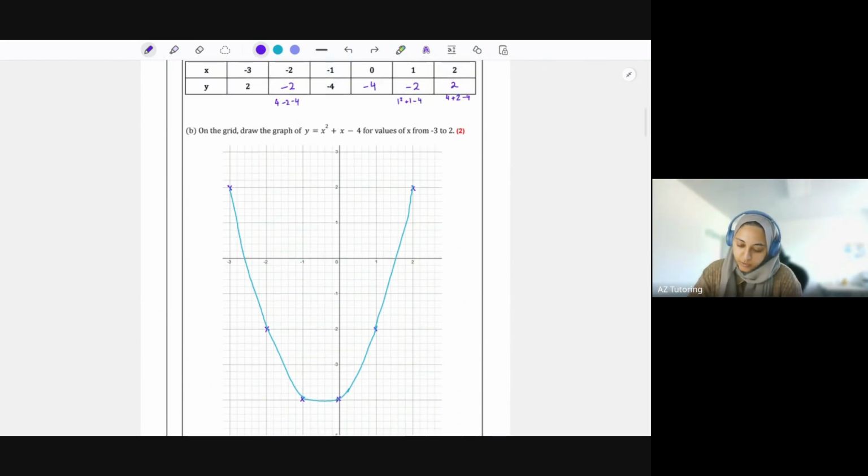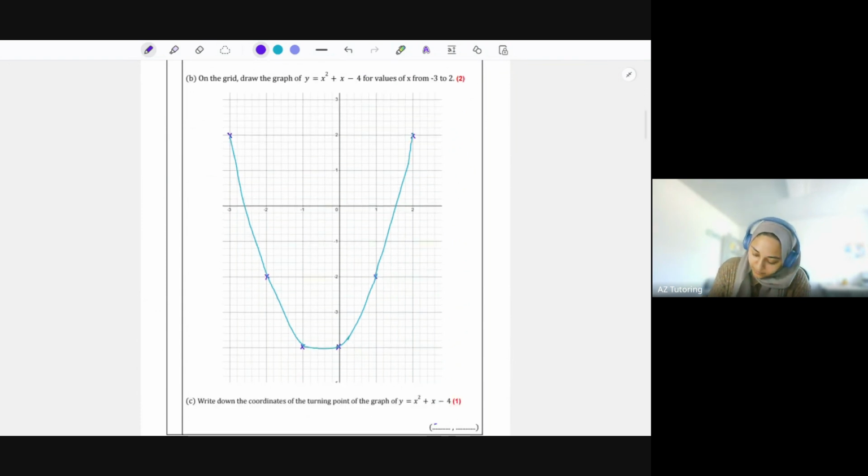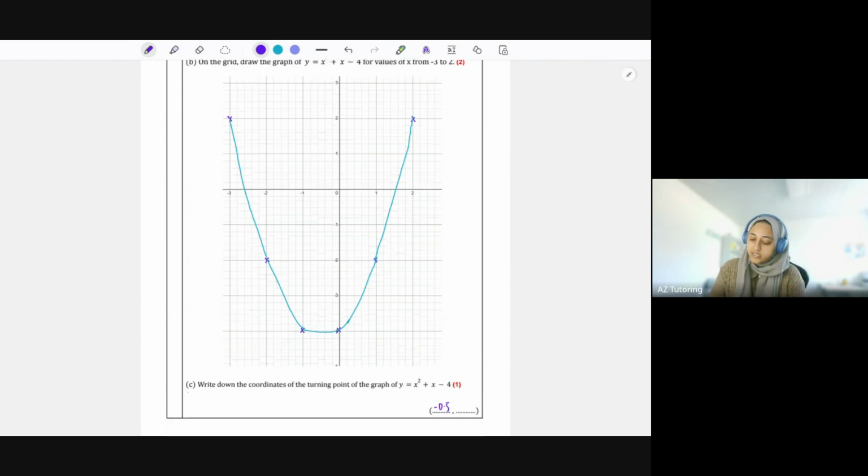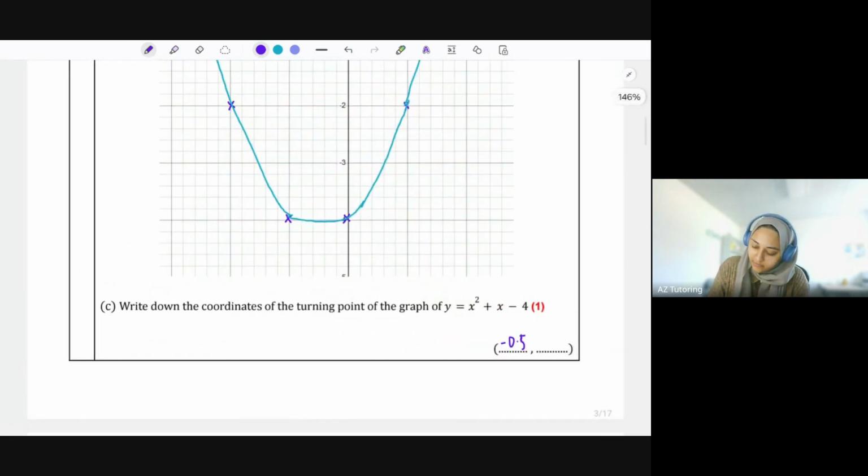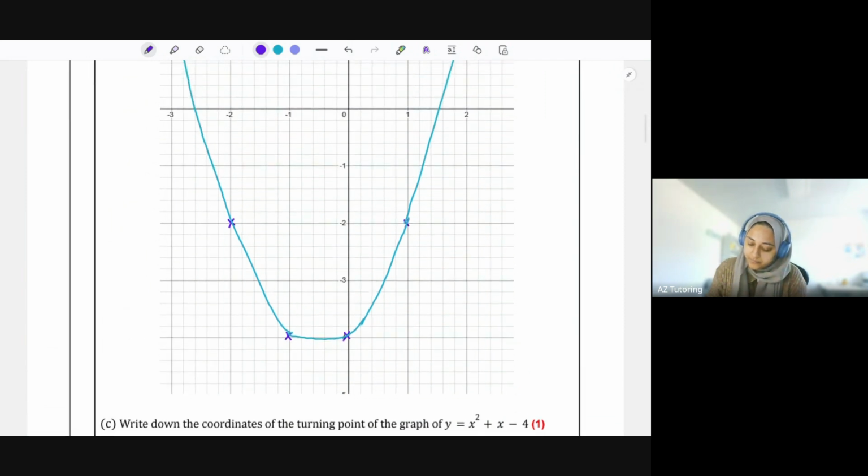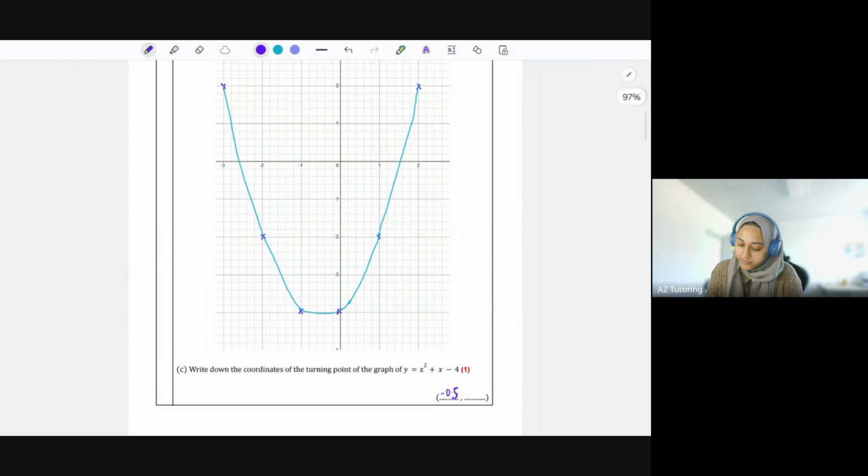But we can see in between minus 1 and 0, the y values are staying the same. So in between minus 1 and 0 is minus 0.5. So that would be our x value, minus 0.5. And to find the y, you could just read it off, to be fair.